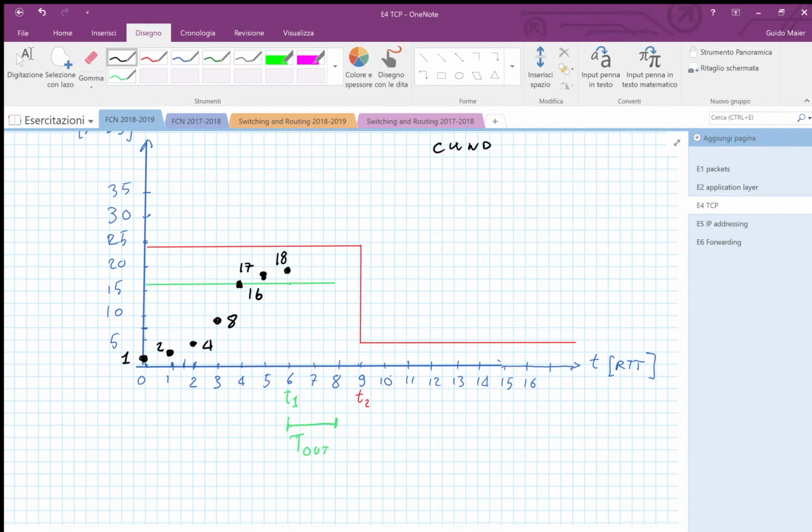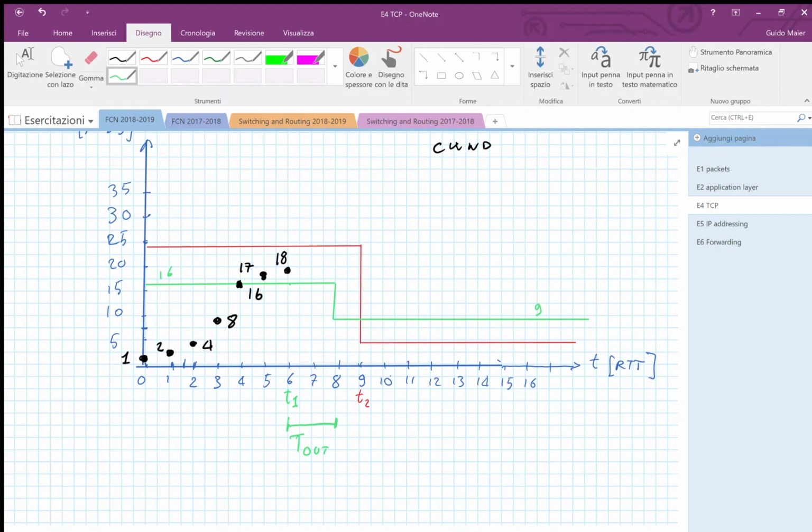It means that the slow start threshold will be set from this moment on to 9. Here it was 16, and then it's 9.